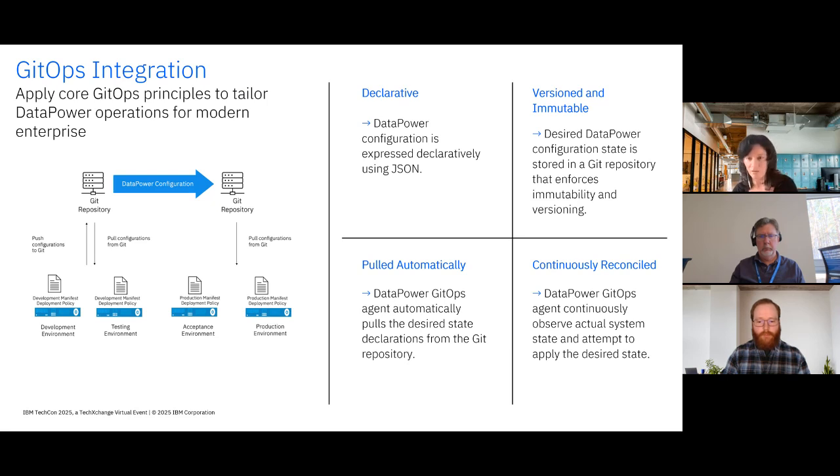And the last thing is that the state can be reconciled continuously. That agent has the capability to observe the actual state against your Git repository and apply the desired state. So those are the four principles that we cater to when bringing you this GitOps integration.